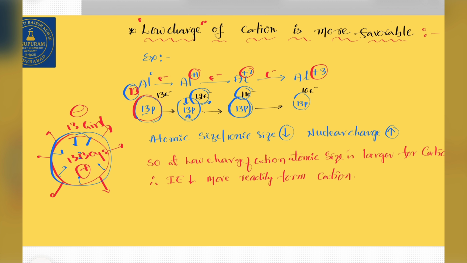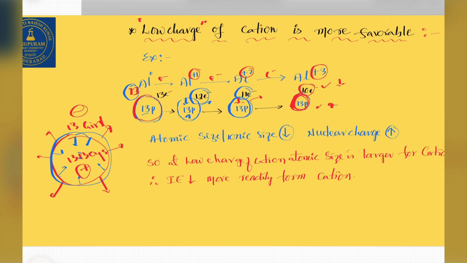Therefore the force inside increases and the force outside decreases. We remove one more electron, and again 10 girls are there, with 13 boys constant. The force outside decreases and the force inside increases. When the force inside increases, the size decreases.